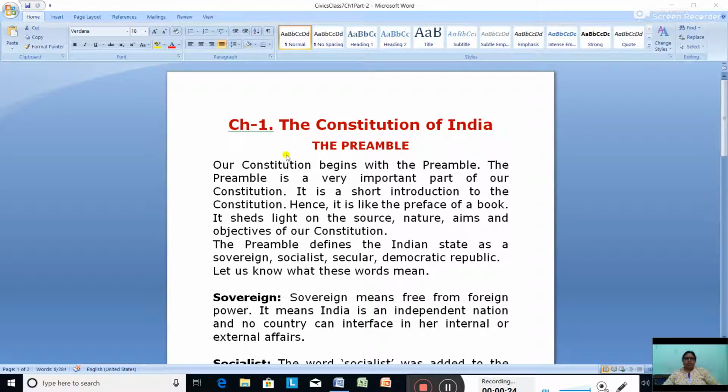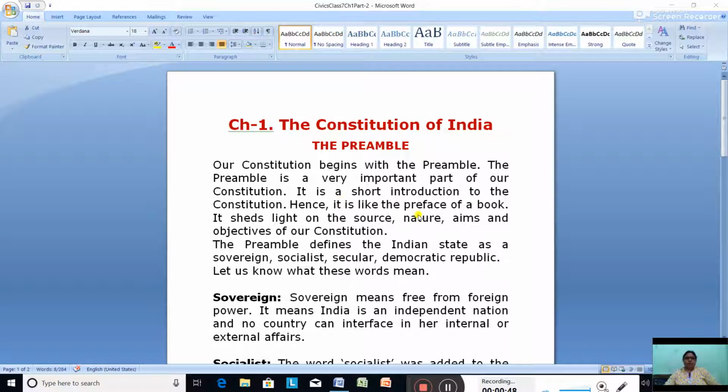Now you have to know that our constitution begins with the preamble. It is a very important part of our constitution. But the question remains: what is the preamble?